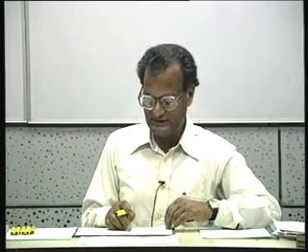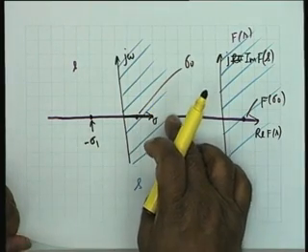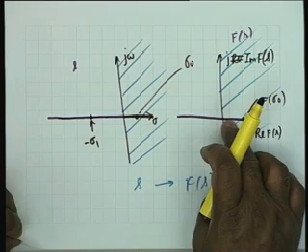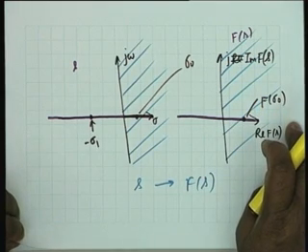Is the point clear? All that it says is that real part of S non-negative, that is the positive half of the real axis in the S plane, maps onto the positive half of the real axis in the f of s plane. These constraints must be kept in mind.